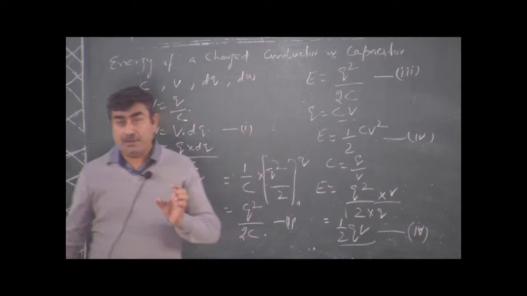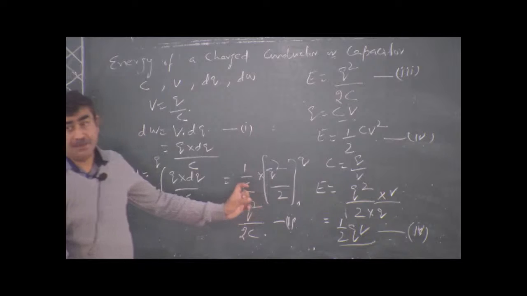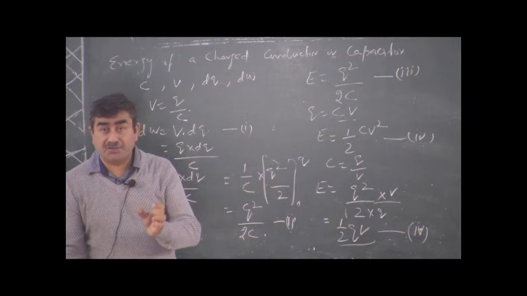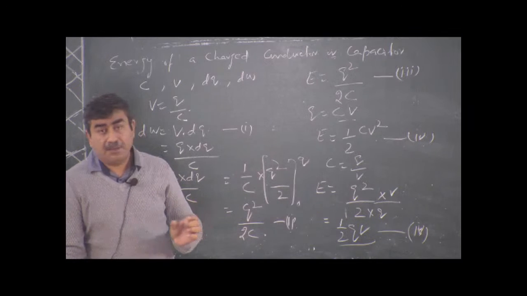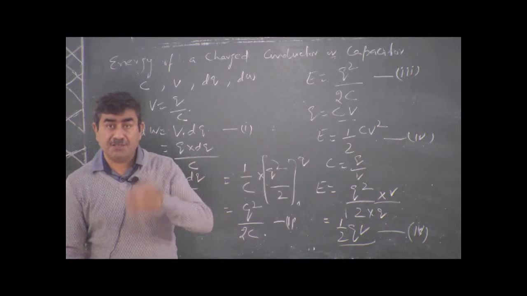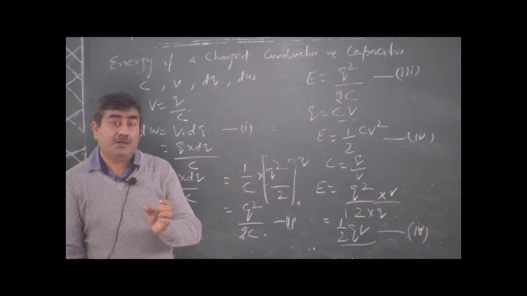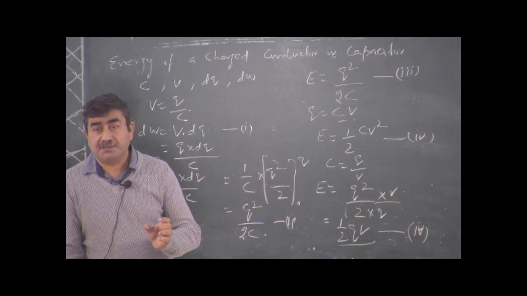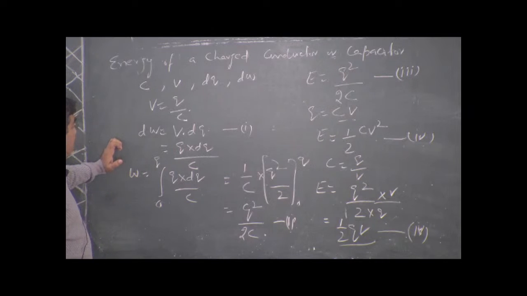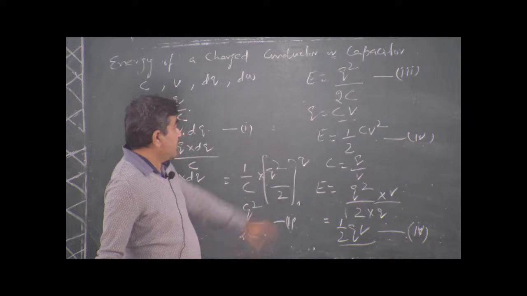So this energy will be stored as the potential energy of the capacitor. So when you give a charge to a conductor, potential is developed, and when you have to bring more charge, you have to do work against the already existing charge on the conductor or capacitor, and that work is stored in the form of potential energy and given by the expression.